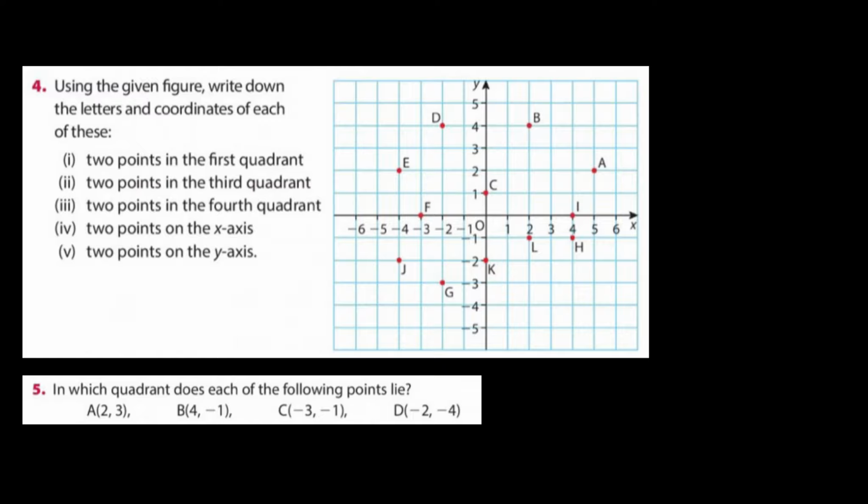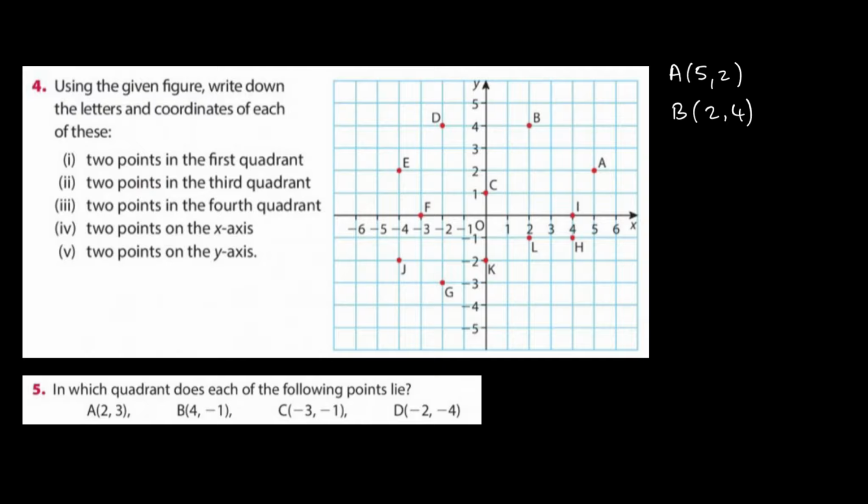If you had to pick 2 points in the first quadrant, you could have picked either A or B. A in this case is 5, 2, and B in this case is 2, 4.